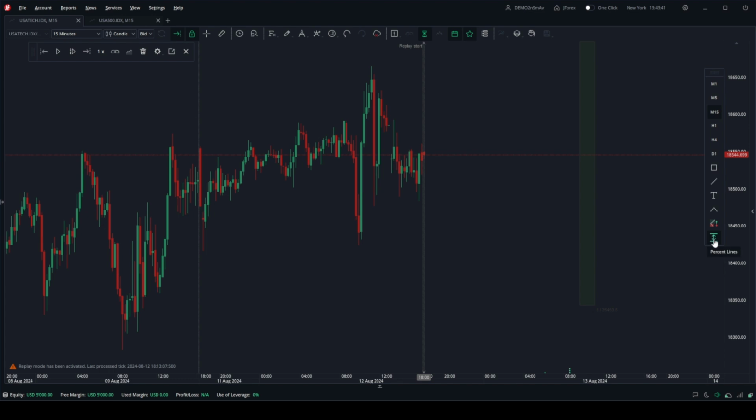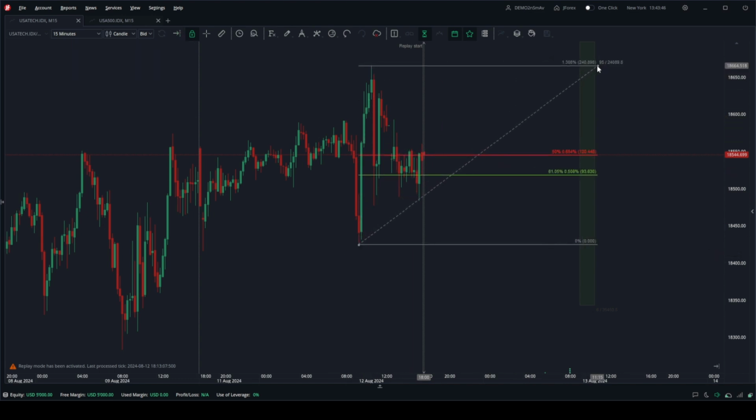Yeah, you have to take a Fibonacci from right here to here and see where the price comes from right here. If the price comes from right here and makes something like this, you expect it to do something like this and reach up right here. Yeah, this is the thing that the price usually does.